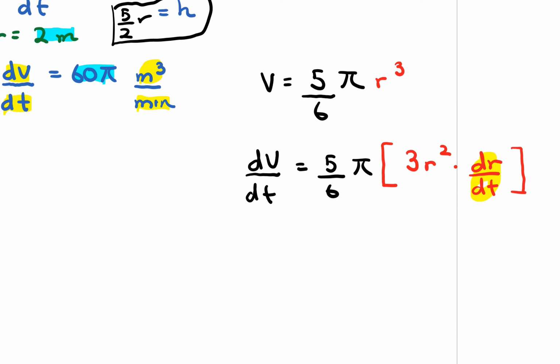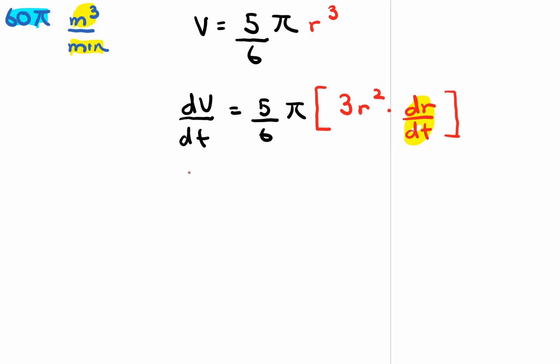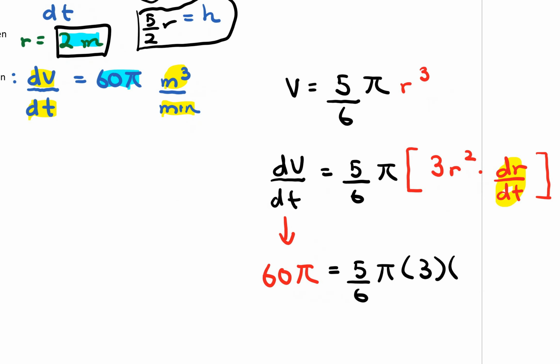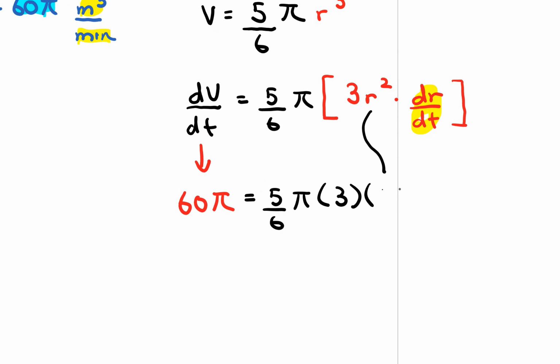Okay, so if I plug those numbers in now, dV by dt becomes 60 pi, and that's going to equal 5 over 6 pi, bracket 3, and my radius for this particular problem, going back, is 2, right? My radius is 2, so if I plug that in here, that's 2 squared, and then I need to find dr by dt.